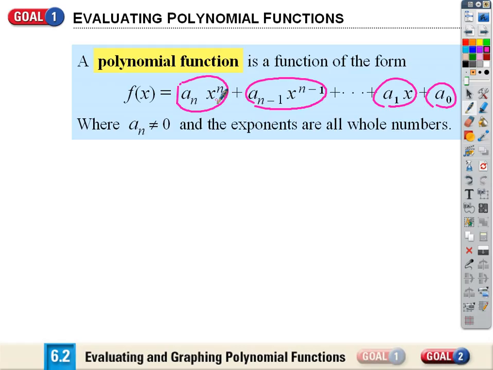It could be a square root, it could be pi, it could be a fraction, it could be an integer, it could be a decimal. The powers of x are whole numbers, so they have to be positive integers or 0. That's it. That's the only rule for a polynomial. All the terms in the polynomial are going to consist of real numbers times x to a whole number power.